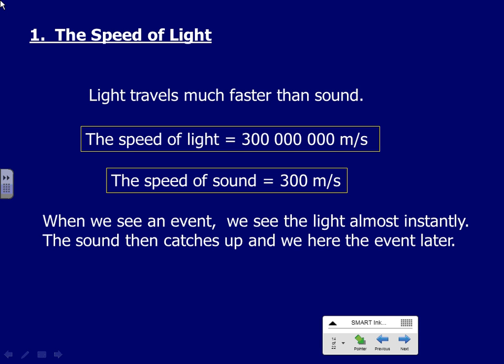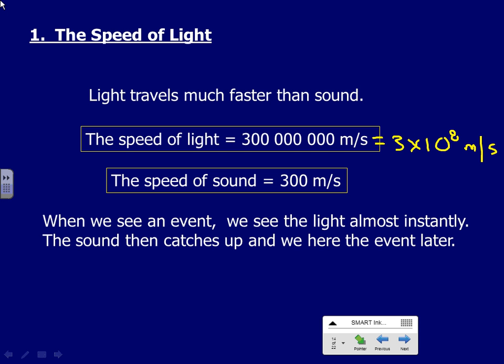We know it more accurately than just one significant digit here. But another way to write this, we can also write this as being 3 times 10 to the 8 meters per second, all right? That's really fast.